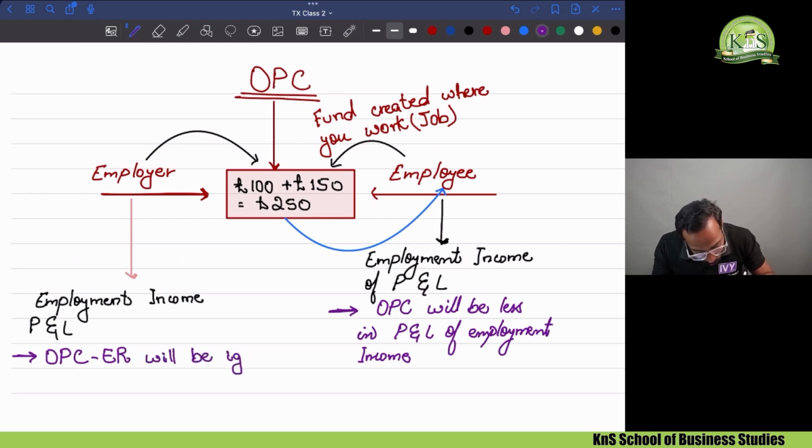Why? Because it is an expense of the employer, not the employee. And this employment income P&L belongs to the employee. So the expense of the employee will be deducted from the P&L of the employee.